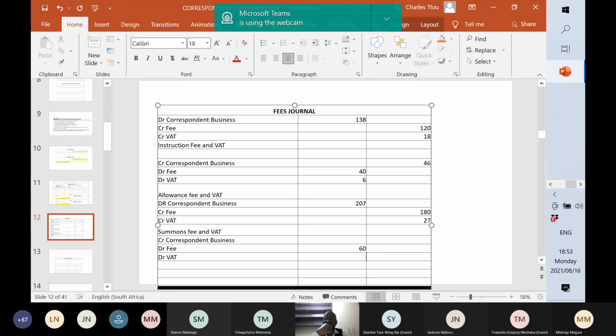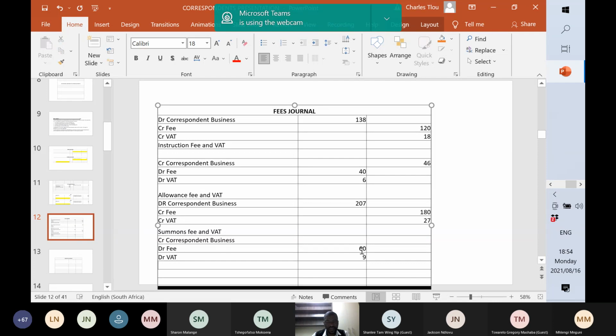Or the third of 27 will give you the same amount. 9 rand.